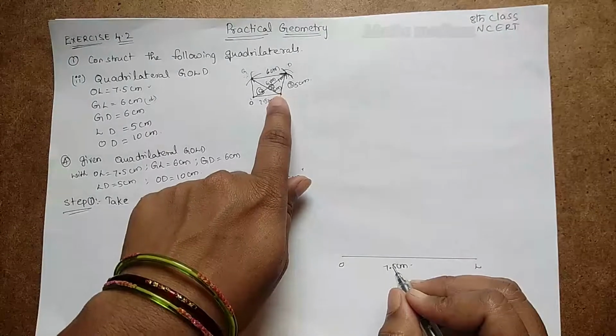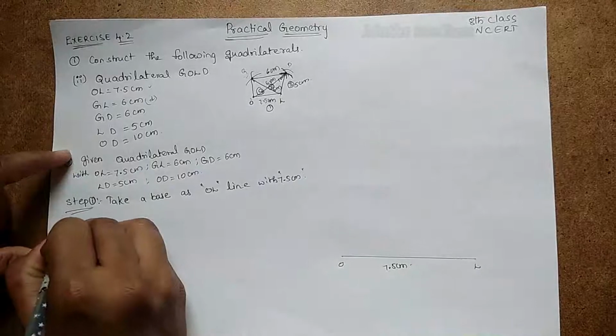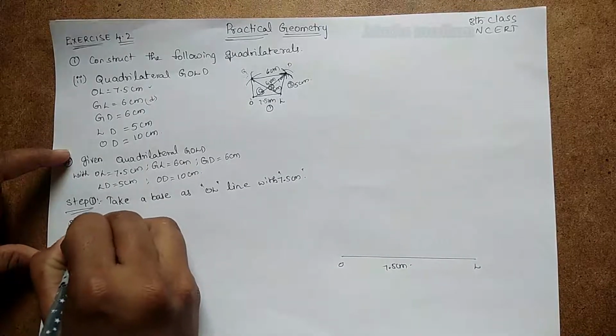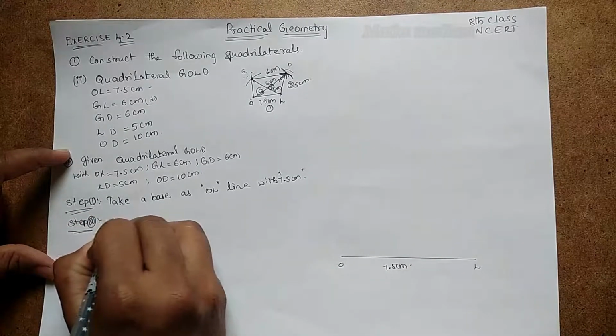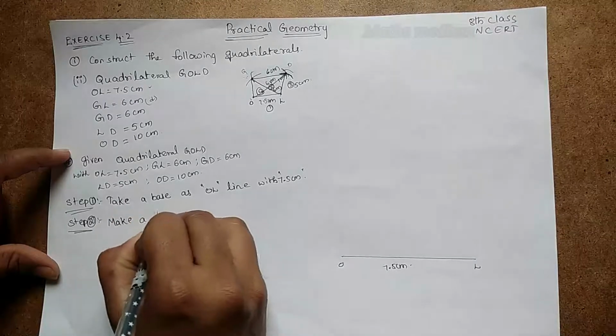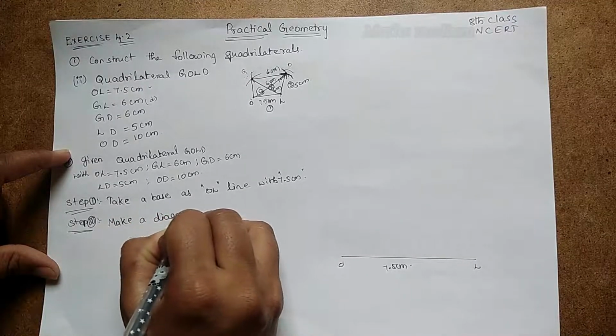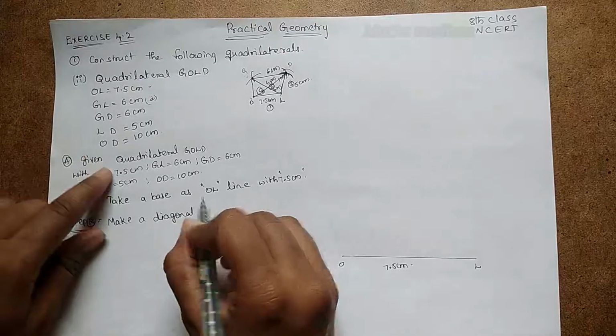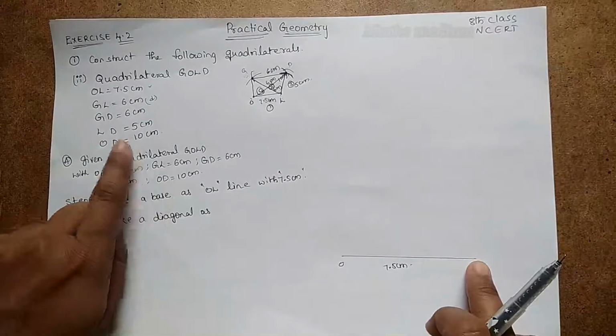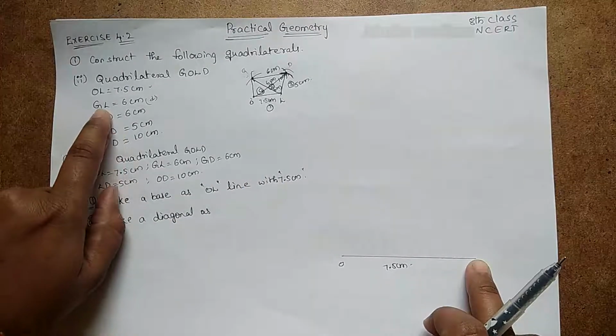Next, moving to step 2, make a diagonal. Which diagonal from L? Here we have LG.